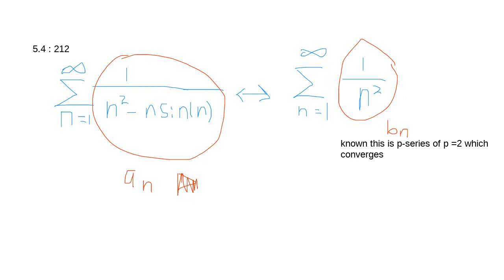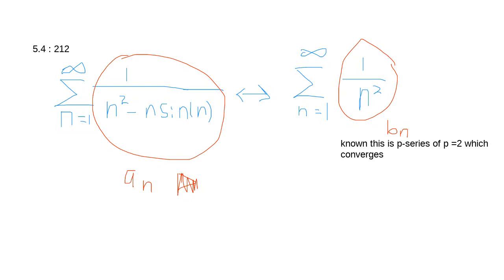When we see a_n, because we know this is an alternating series. Because sine n is bounded, so negative 1 is less than or equal to sine n, doesn't matter what n is, and less than or equal to positive 1. So sine n jumps between negative 1 and 1.